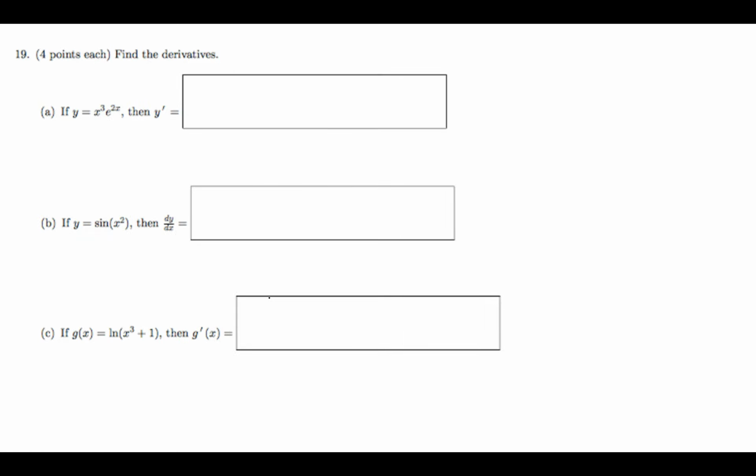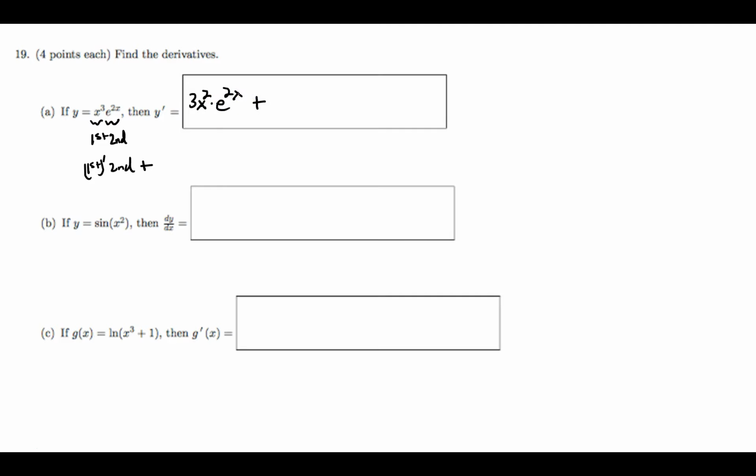Now we have a product rule. We have a first function and a second function, and we have to execute the product rule. The derivative of the first function is going to be 3x squared. That gets multiplied by the second function, e to the 2x.